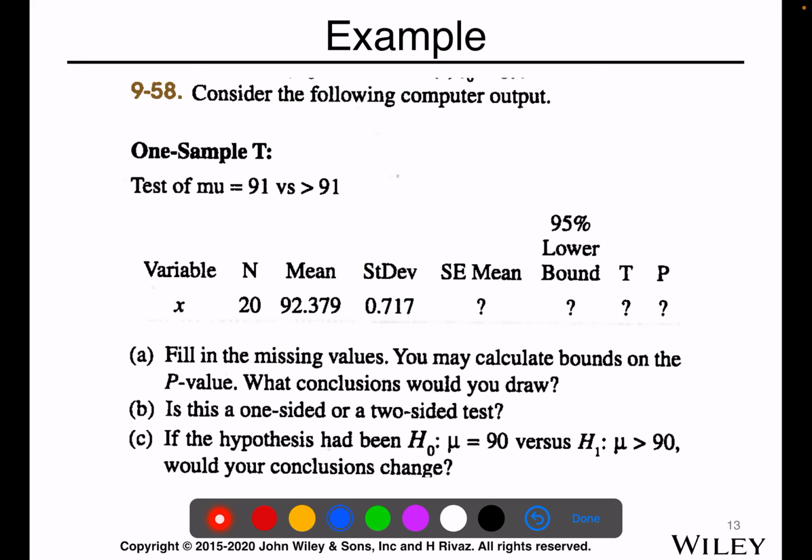So 9-58, consider the following computer output. We want to test mu equal to 50 versus mu more than 50. We have 20 samples, and the sample mean is 92, and the sample standard deviation is 0.7.